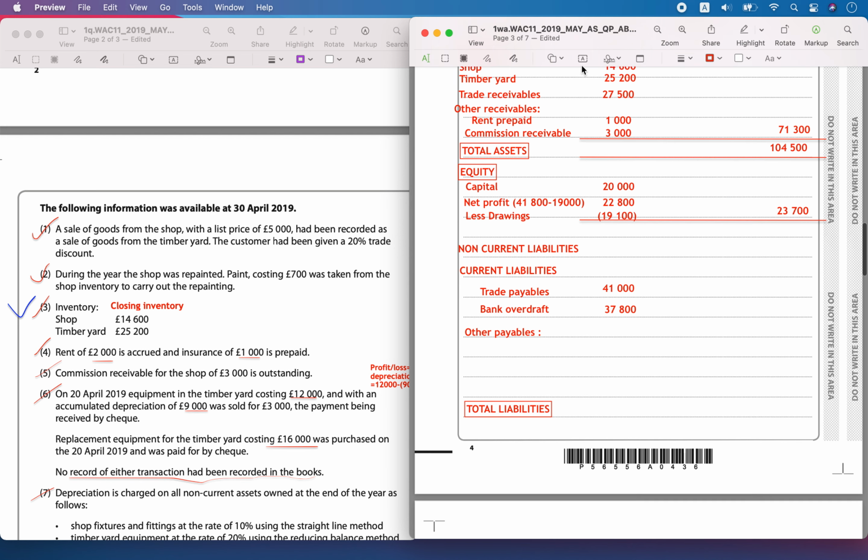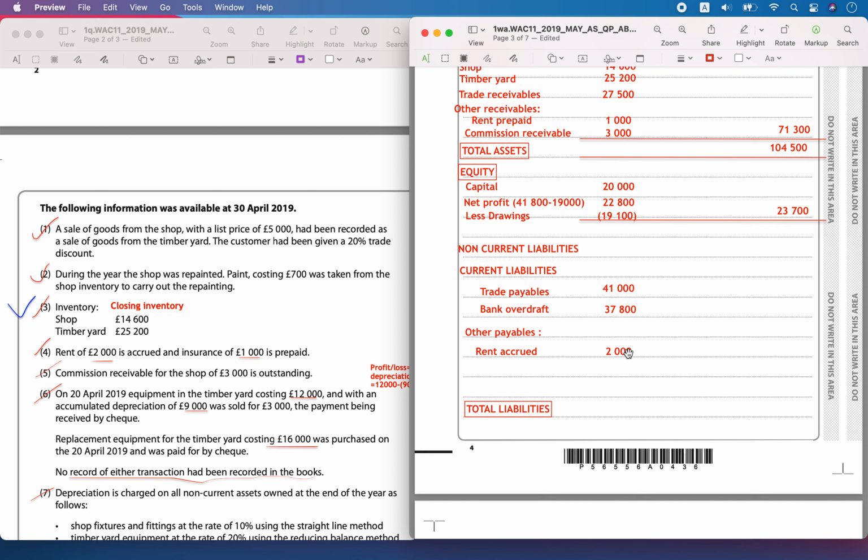Expense accrued is an other payable, like rent accrued. So the value is around 2000. The rent had got accrued, so you have to pay it immediately this year. It is 2000.